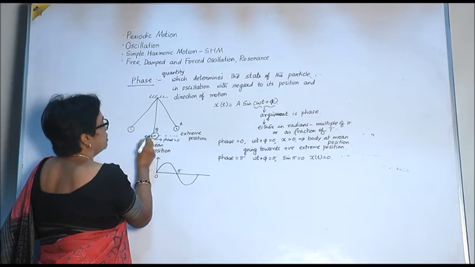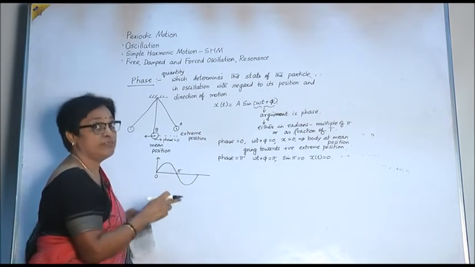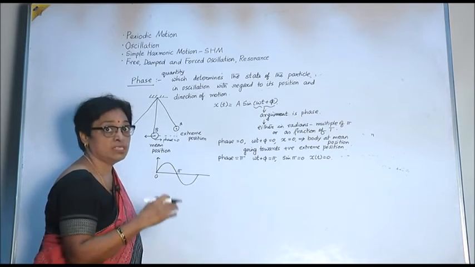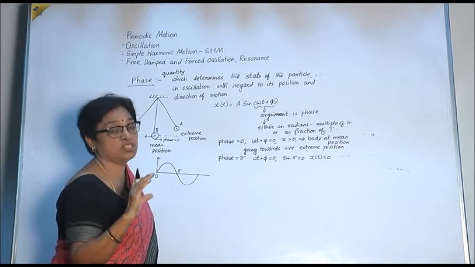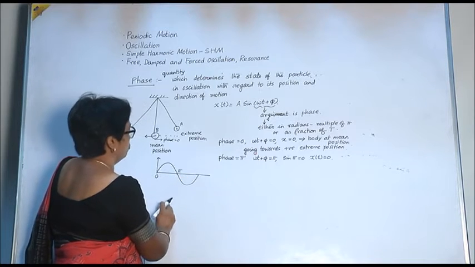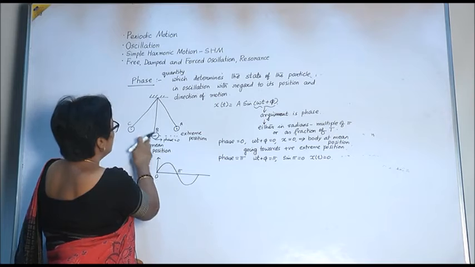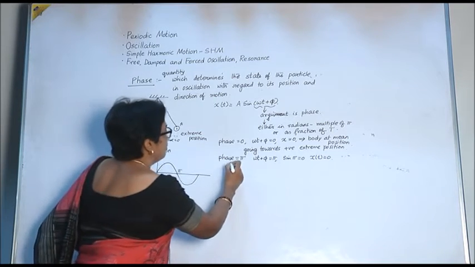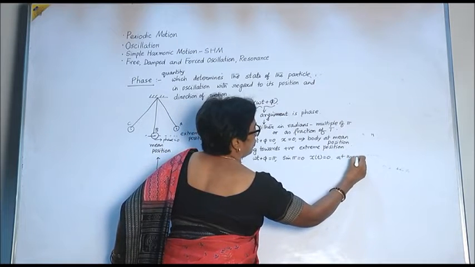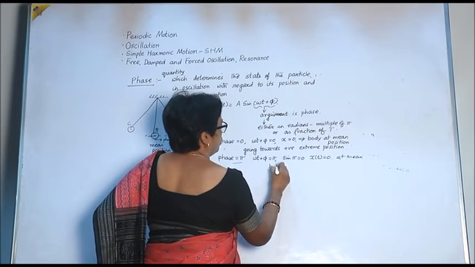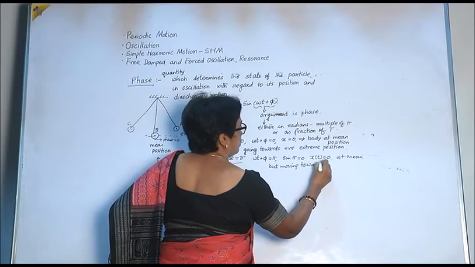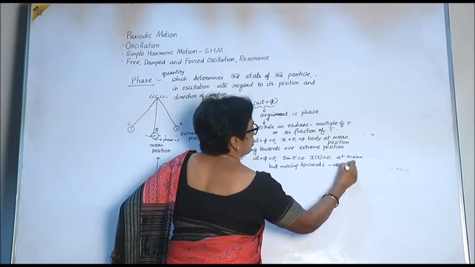It is moving towards the other extreme position, not to the first A position. It is going towards the C position. So this is the difference between the phase 0 and pi. That means the particle is moving towards the negative direction. So the body is again at the mean position, but moving towards the negative extreme position.